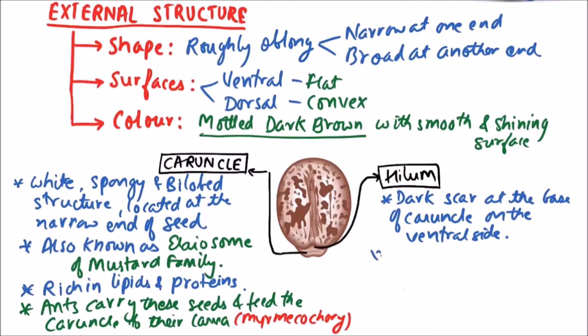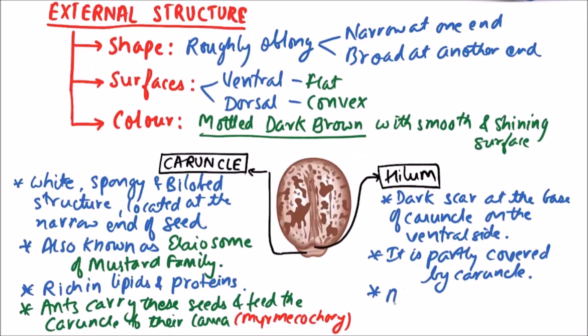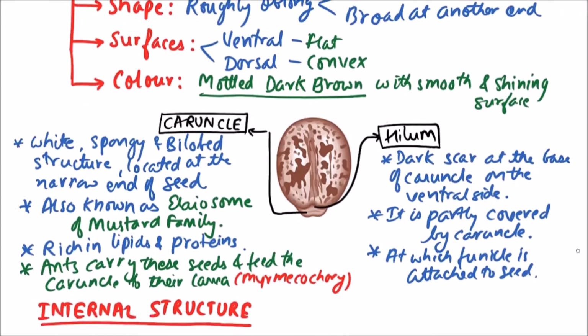It is partly covered by caruncle. Hilum is the place at which the funicle is attached to the seed. There is another structure known as micropyle near the hilum, and it is completely covered by caruncle, so it cannot be observed externally.